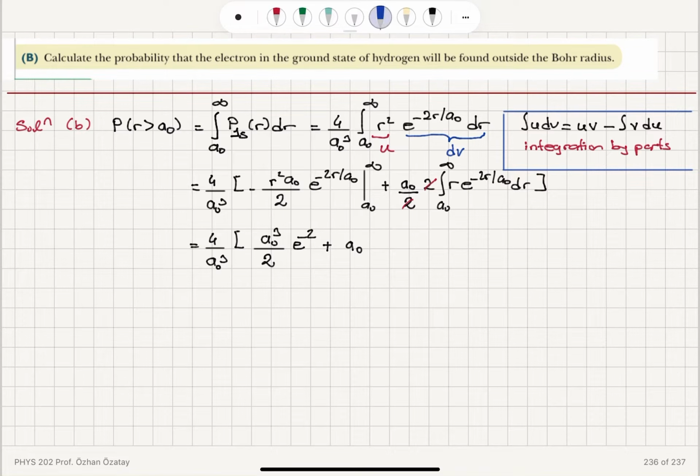Now this time I'm going to call this part dv and this part u. So integration by parts again.